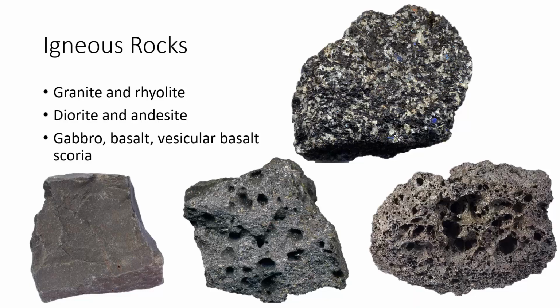So train your eye to observe the interlocking crystals visible in the gabbro, whereas all of these basalt examples are fine-grained and no minerals can be observed. Importantly, basalt is the predominant rock that comprises the oceanic crust. And an example are the Hawaiian Islands that are composed of basalts.